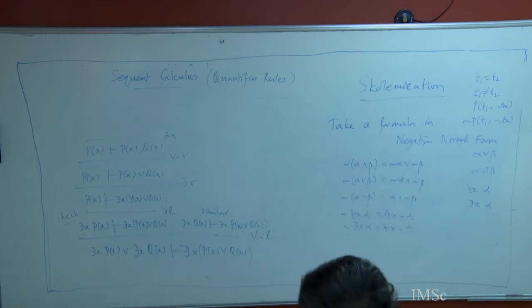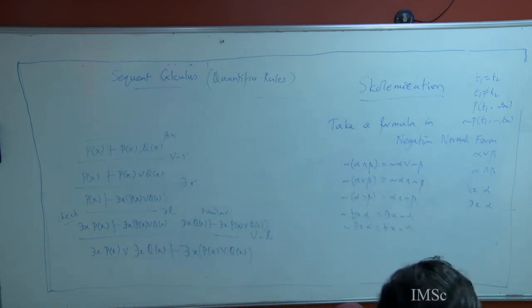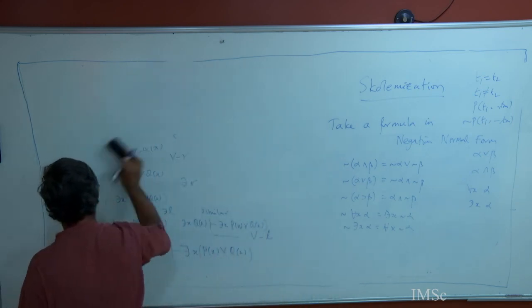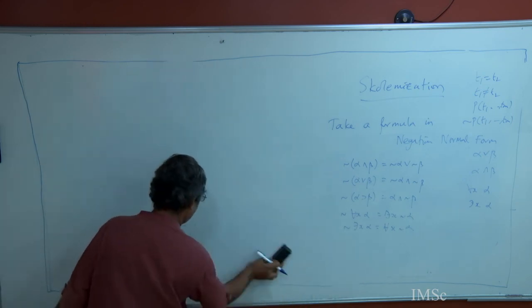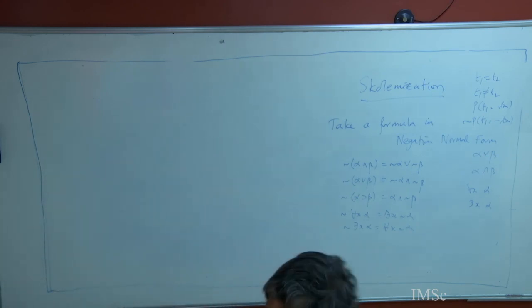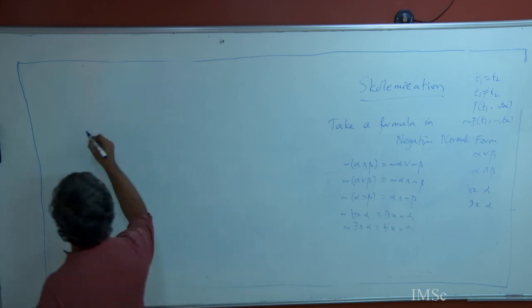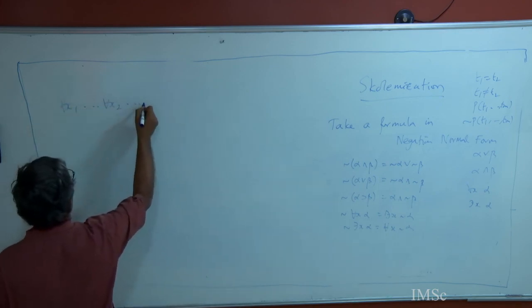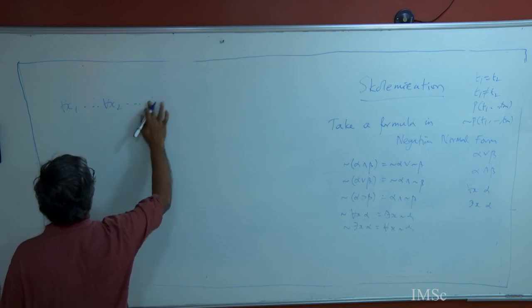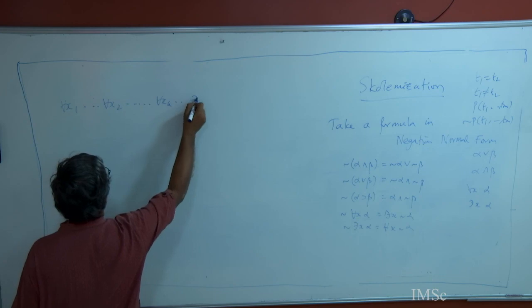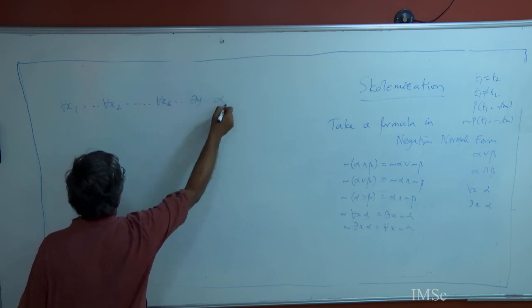Now, consider any occurrence of the existential quantifier. If your formula has an existential quantifier, it's going to look like for all x1, then for all x2, and so on, for all xk, and then there exists y alpha.